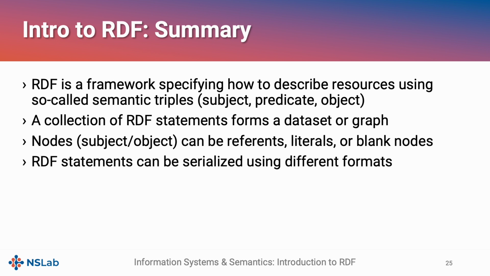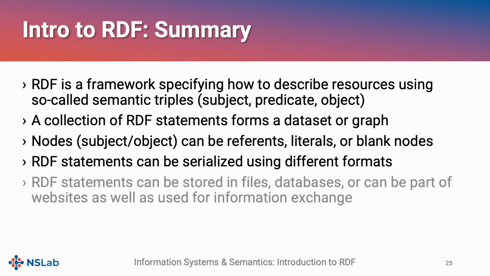RDF statements can be serialized using different formats, as we've seen, and these formats have different advantages and disadvantages. And finally, RDF statements can be stored in files, databases, or can be part of websites, as well as used for information exchange, for example in APIs and web services.